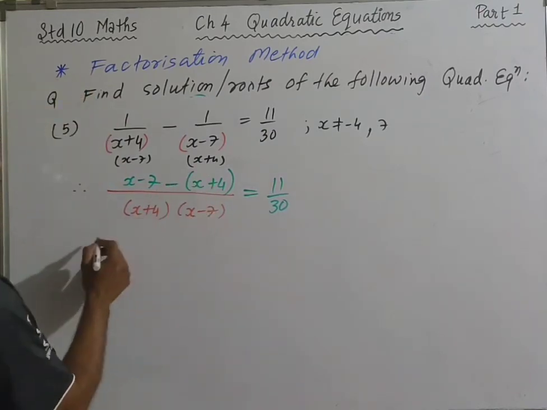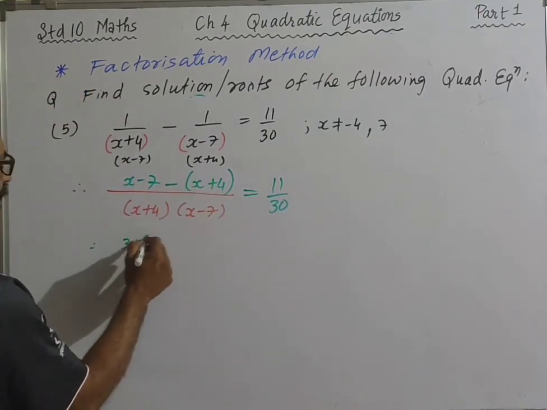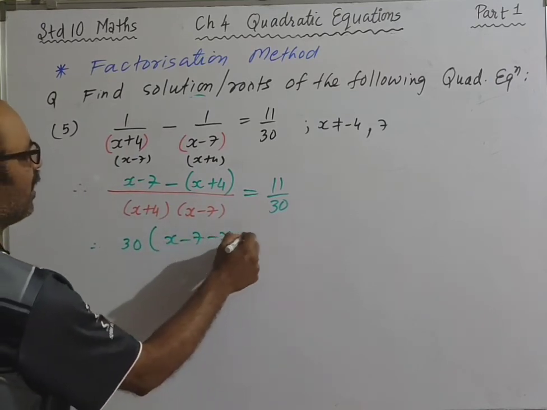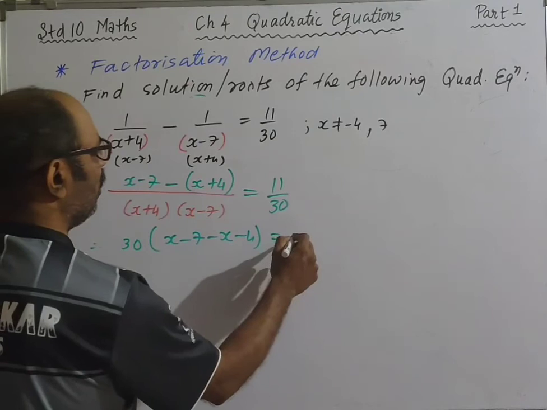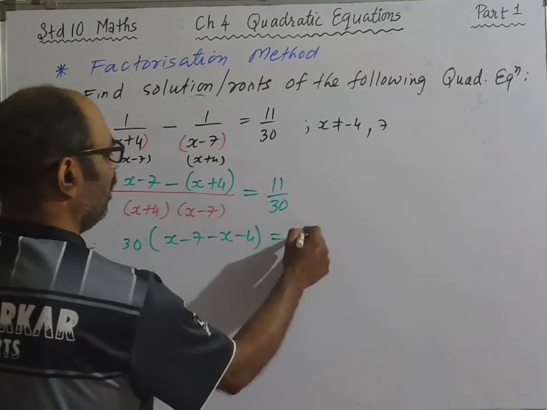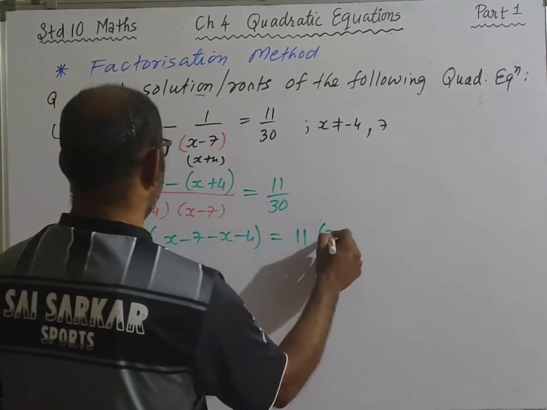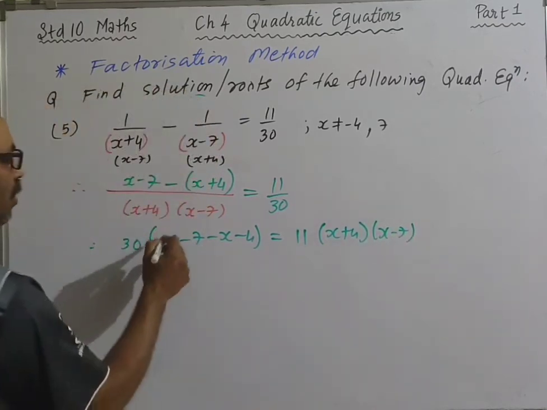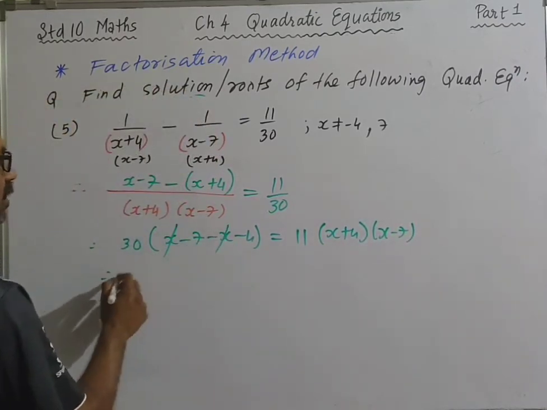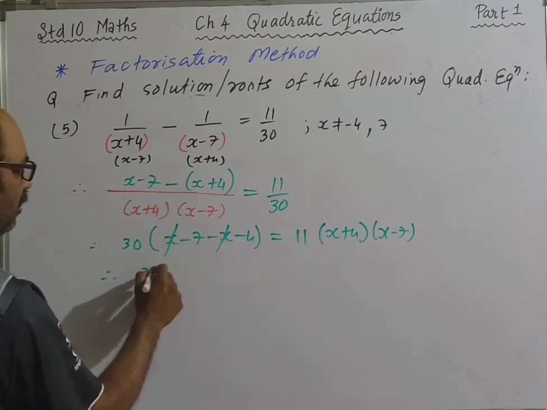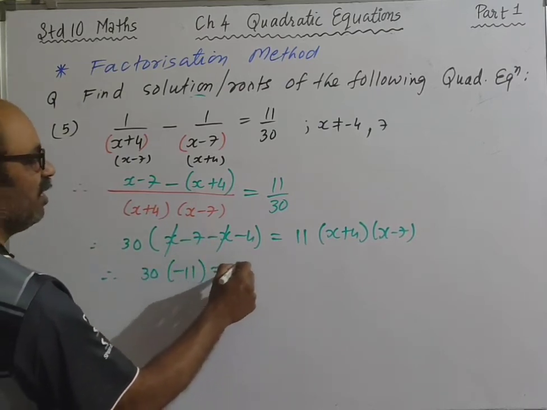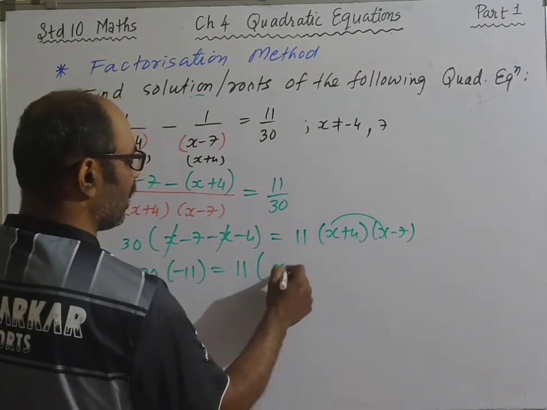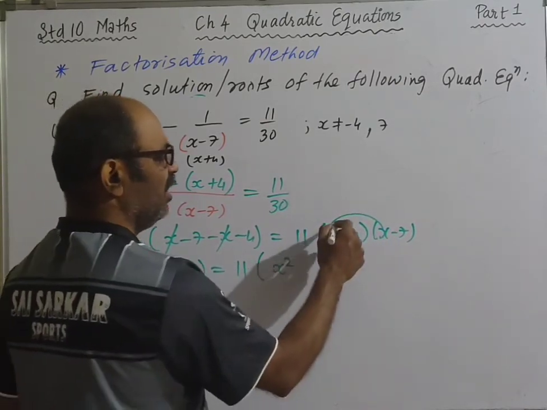Let's do the cross multiplication by 30 and simplify. x minus 7 minus x minus 4 is equal to 11 into x plus 4 into x minus 7, plus x minus x cancels. This is 30 into minus 11 is equal to 11 into x square.